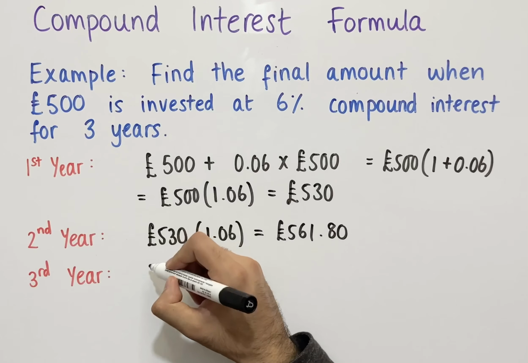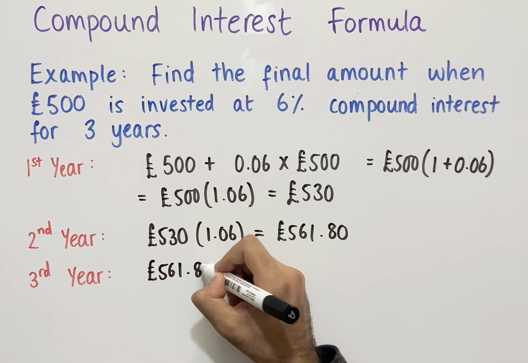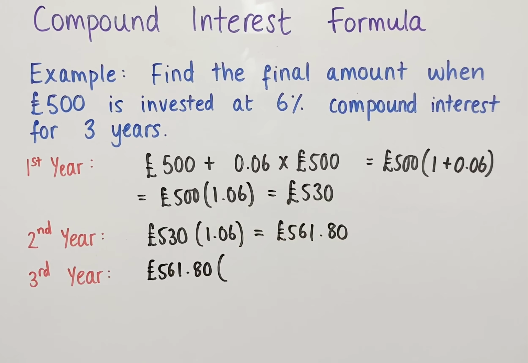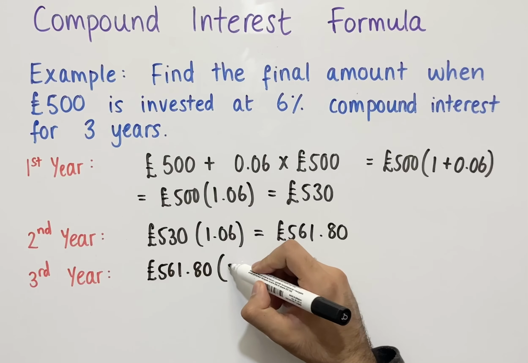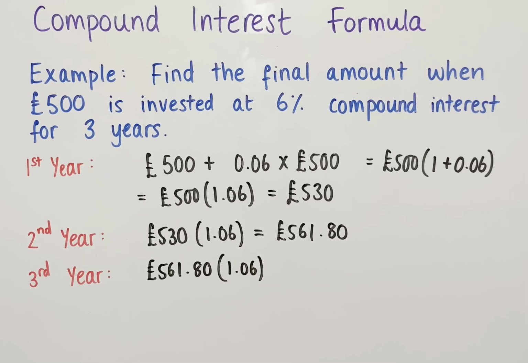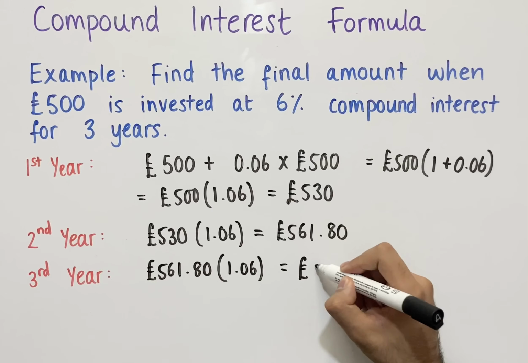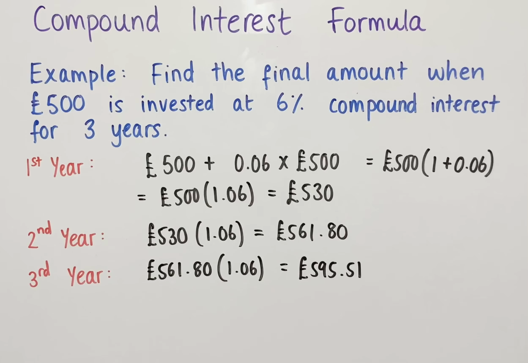So in this case, our calculation would be £561.80 multiplied by, since we have a 6% compound interest rate, a decimal multiplier of 1.06. And working this out, we end up with £595.51 to the nearest penny.